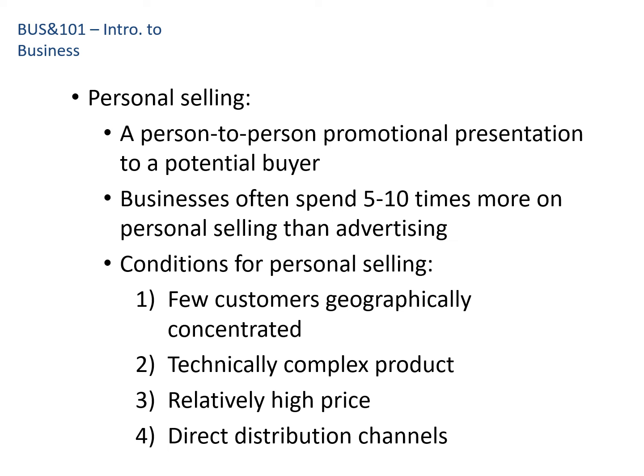So it's better if the customers are more concentrated. It's also better if it's a technically complex product that requires some explanation or demonstration. A relatively high price is important because you need to gain enough from the sale to compensate the salesperson fairly. And then direct distribution channels, being able to get the product directly to the customer without going through middlemen.